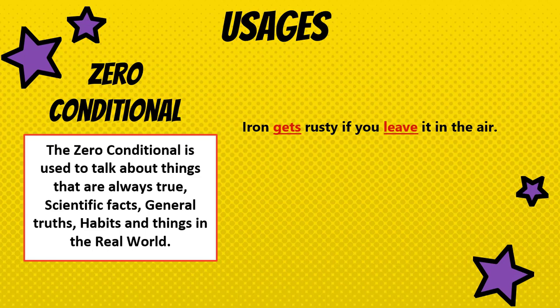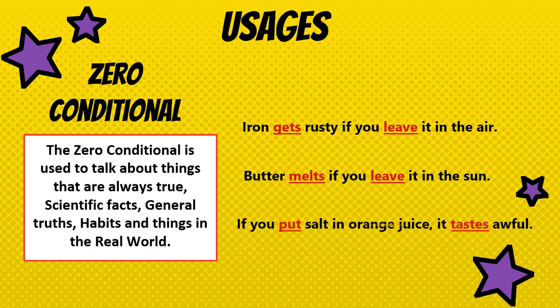Iron gets rusty if you leave it in the air. Actually, this is a scientific fact. Butter melts if you leave it in the sun. Also, this is a scientific fact. If you put salt in orange juice, it tastes awful. This is a general truth and always true.